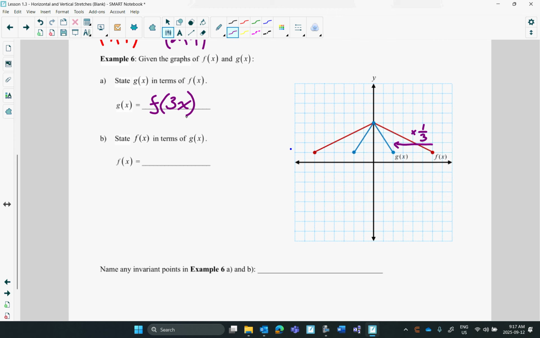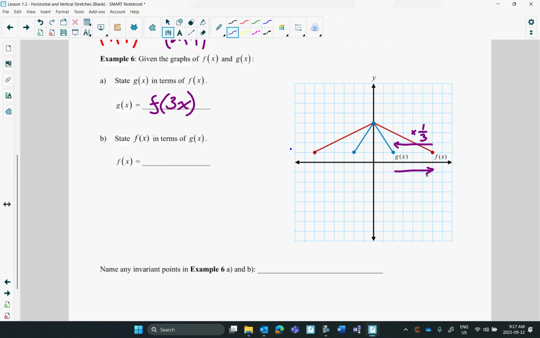What if we work the other way? What if this was our starting function, g of x, the blue one, and f of x was our new one? What would I do to function g? Multiply by 1/3? What's the original x here? What's the original x here?